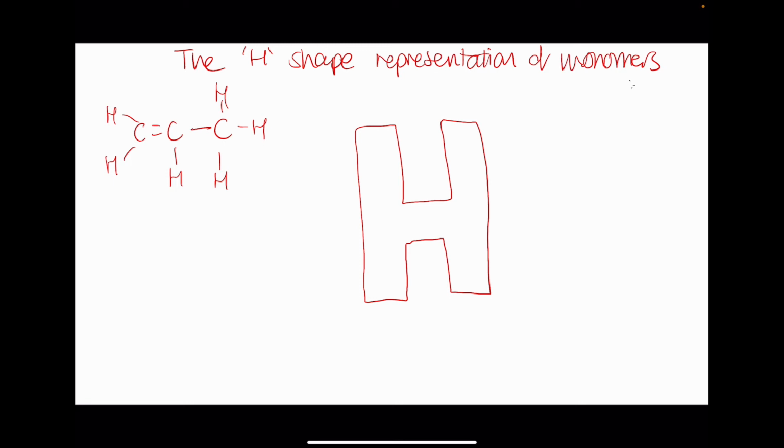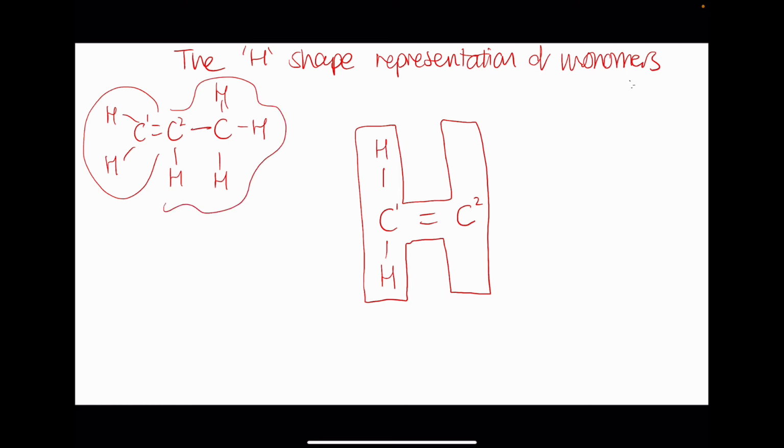All we need to do is we need to make the carbon-to-carbon double bond sit across the middle, okay? And then if this is carbon number 1, and this is carbon number 2, we're just going to draw what is attached to carbon number 1. So that's here. And carbon number 1 has a hydrogen and another hydrogen. Carbon number 2 has a CH3 and a hydrogen.